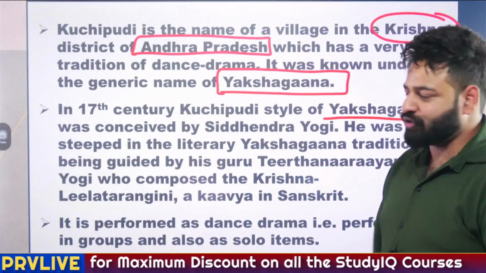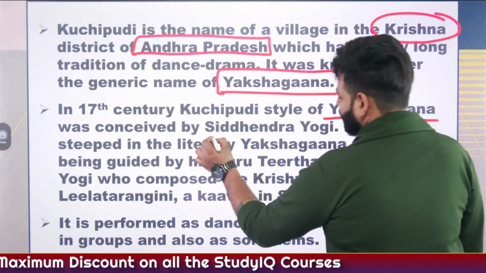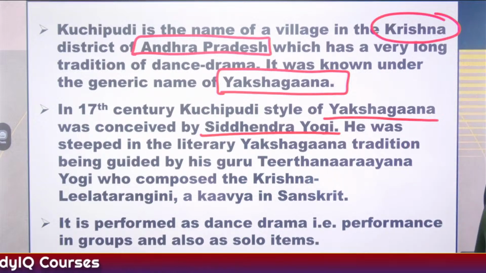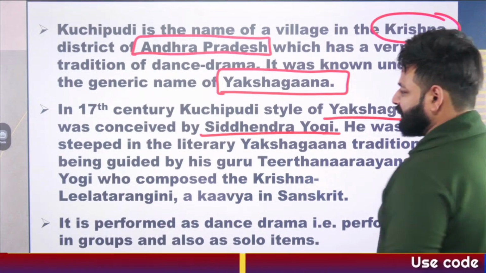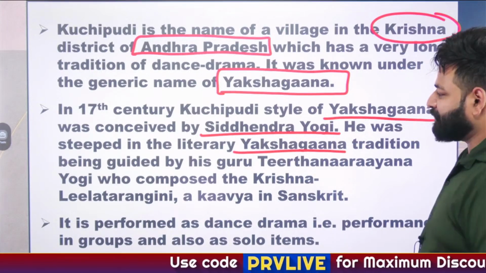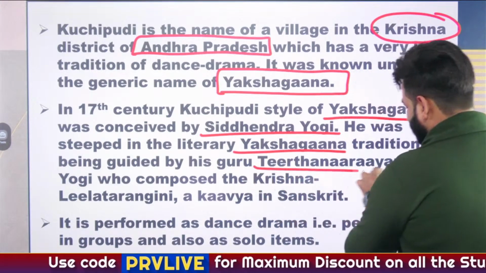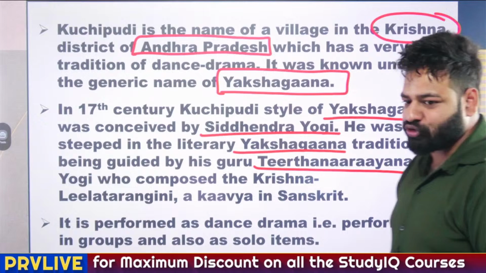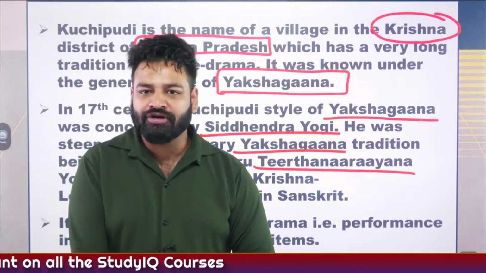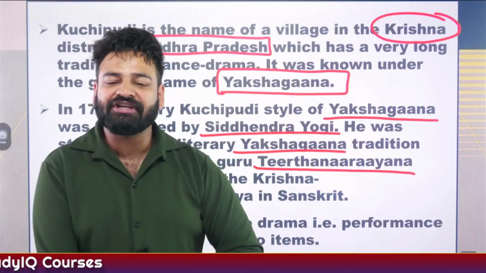by one of the very prominent names in this field, Siddhendra Yogi. The name we need to remember is Siddhendra Yogi, who was steeped in the literary tradition of Yakshagana, being guided by his guru Tirth Narayan Yogi. So two names are associated with Kuchipudi: Siddhendra Yogi and his guru Tirth Narayan Yogi.